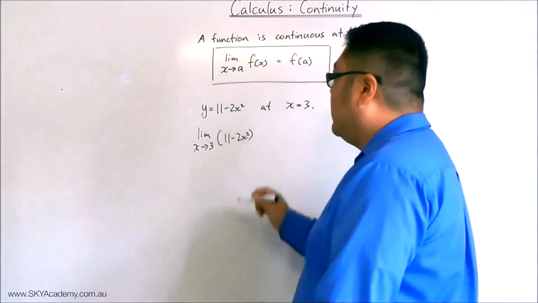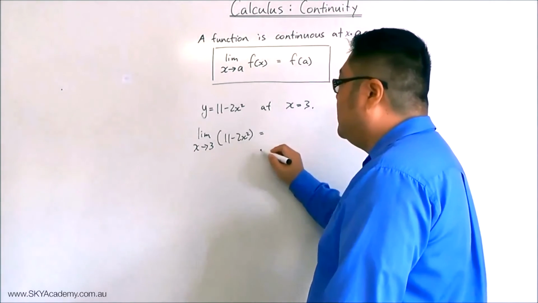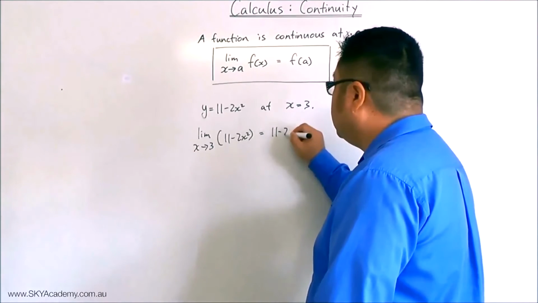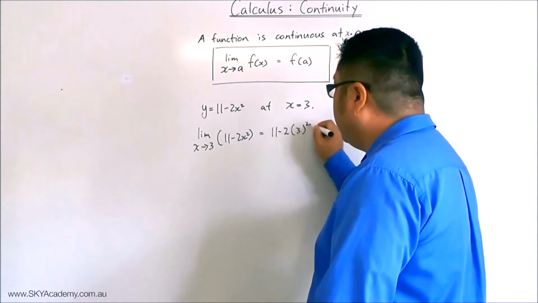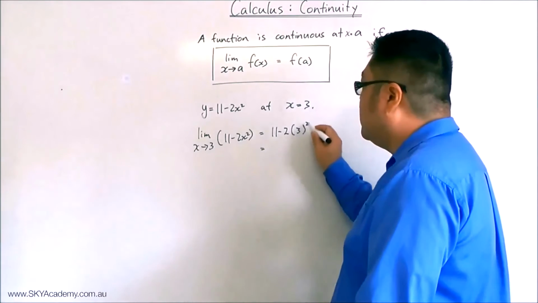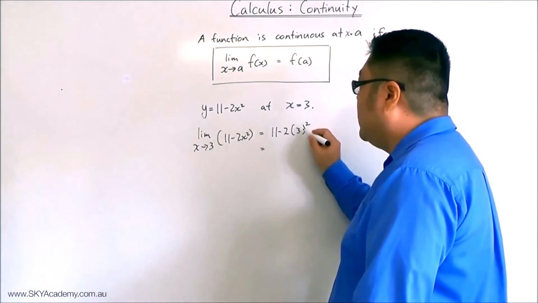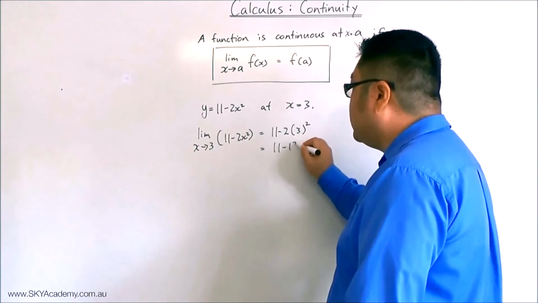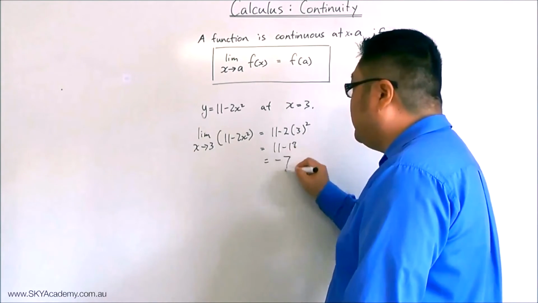It's equal to 11 minus 2 times 3 squared, which is 11 minus 2 times 9, so 11 minus 18, which equals minus 7.